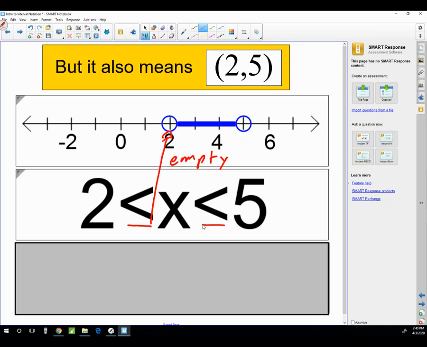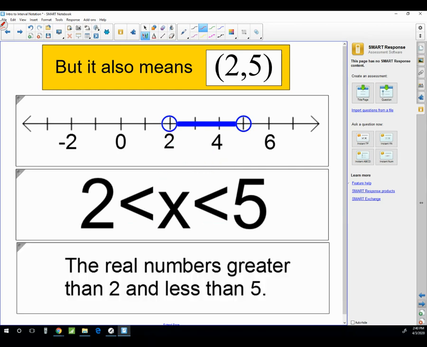And then you could just describe that in words as the real numbers, as opposed to imaginary, greater than 2 and less than 5, or between 2 and 5 exclusive. So that would be 4 ways to describe this set of numbers.